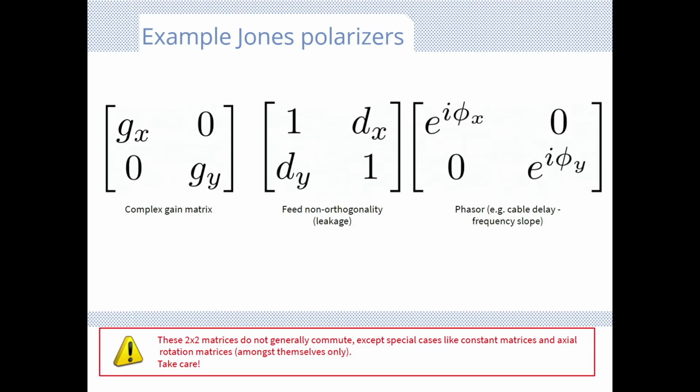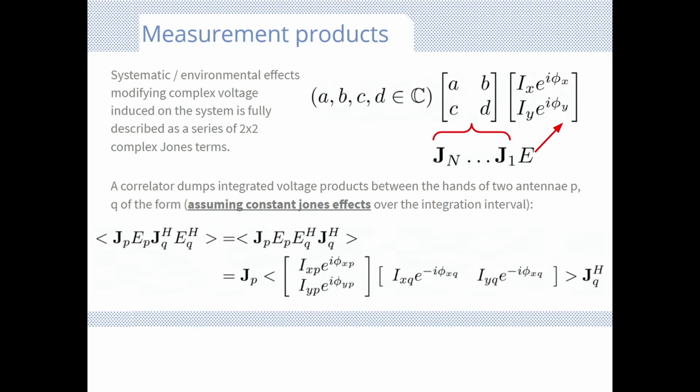If you have diagonal matrices, so gain matrices, they can commute amongst themselves. The off-diagonal matrices and 2x2 matrices can't commute. And then constant matrices can, of course, commute with anything. So if you have a diagonal matrix where both values are the same, they can commute anywhere. So the order in which we solve for these terms is quite important.